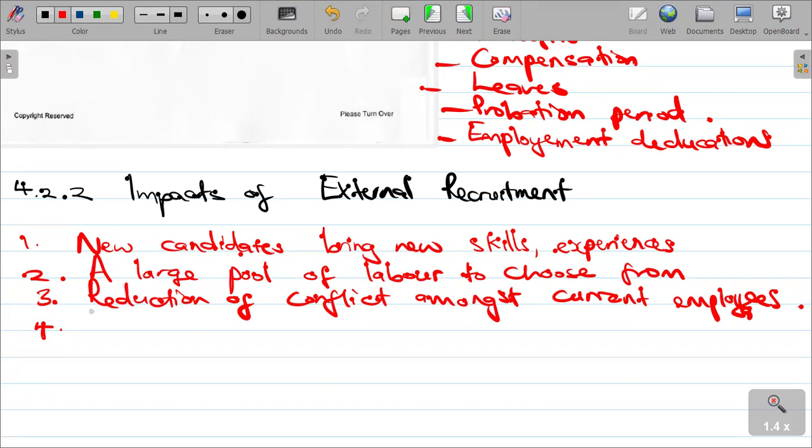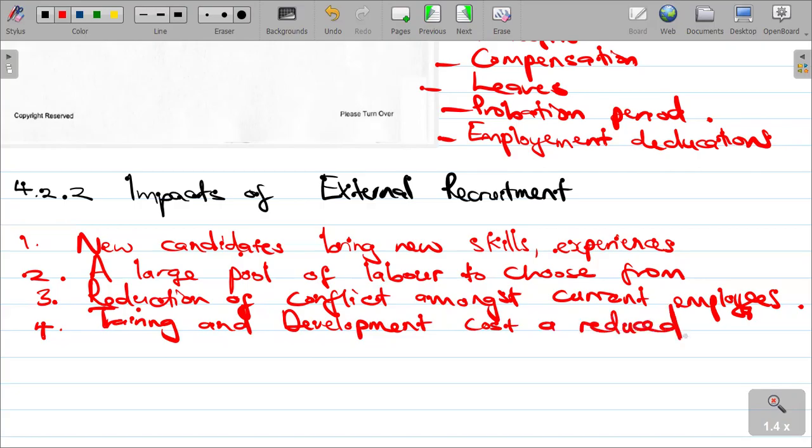So training and development costs are reduced. There's a reduction in the cost.